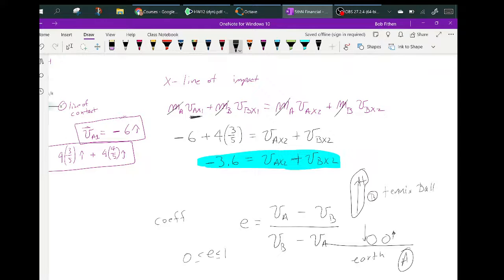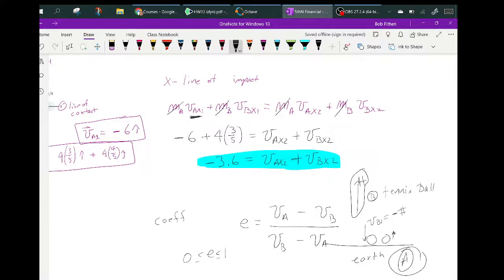Well, I know VB1 is equal to a negative number. Does that negative number go here? Does that negative number go here? But let's address the A first.